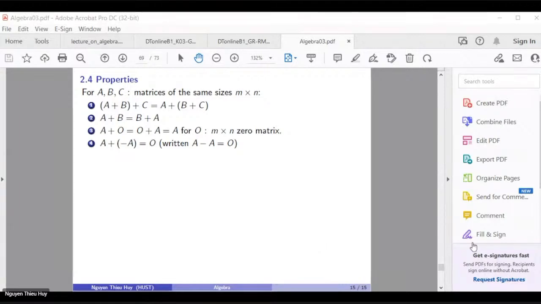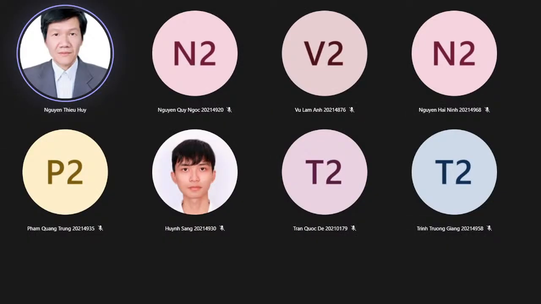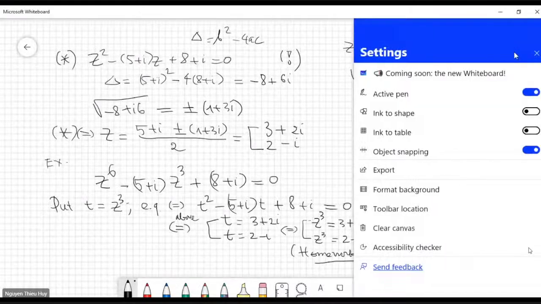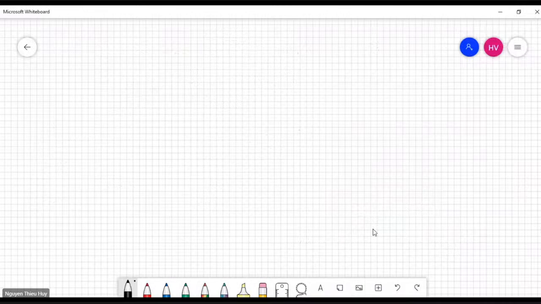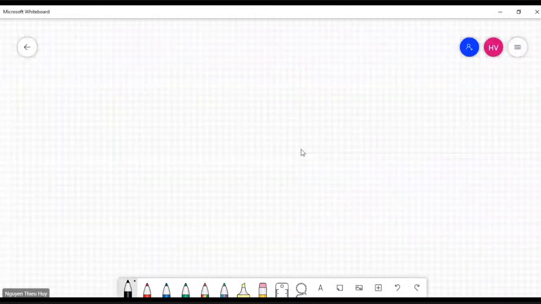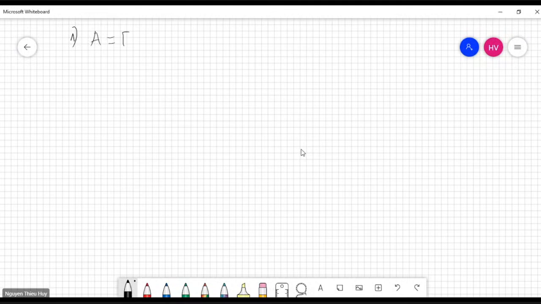Good. Let me share this whiteboard. So for the first property, let's suppose A is of the form A_JK, B is of the form B_JK, and C is of the form C_JK, and all of them are n by n matrices.